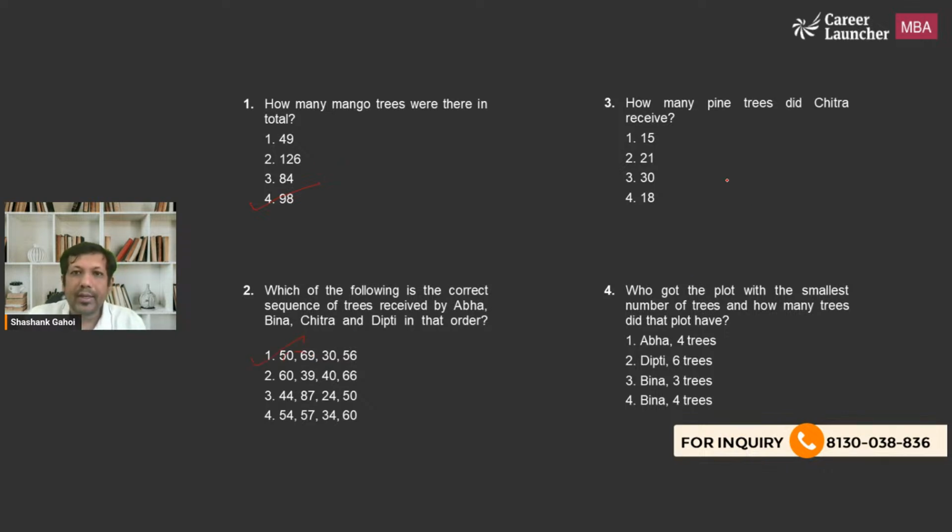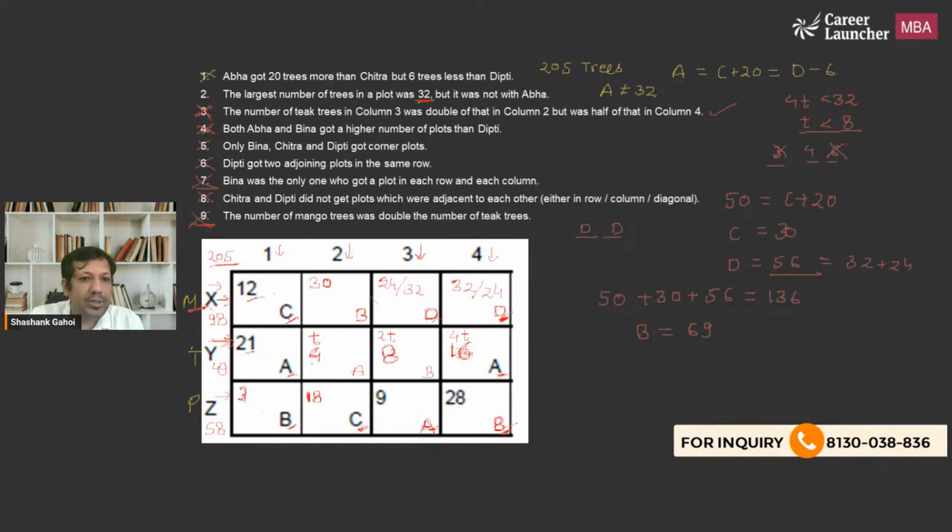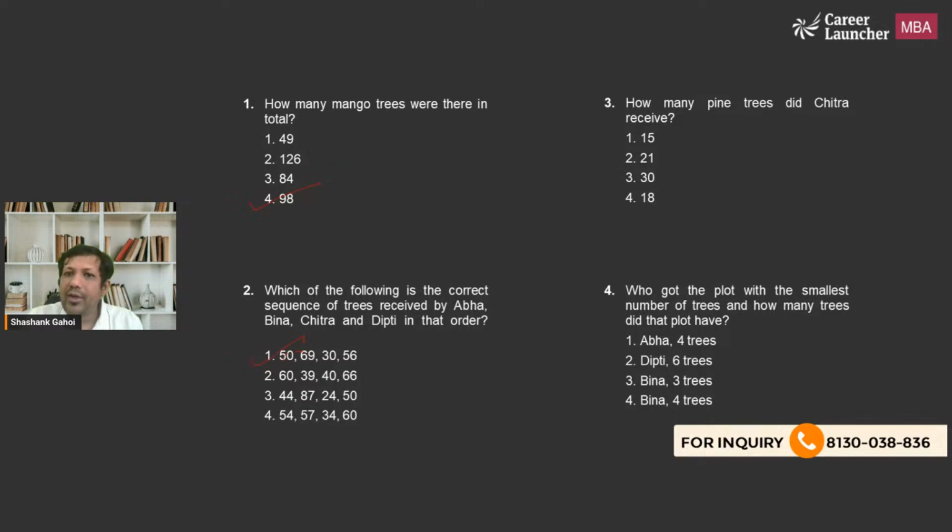Now, how many pine trees did Chitra receive? So Chitra received pine trees, that is 18. We already got the answer. That is going to be 18.